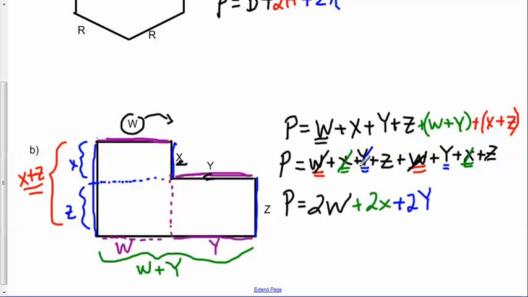So let's see, that was the Y's. So I'm going to cross those Y's off. And then the last thing we have are the Z's. I've got a Z here, and I've got a Z here. And so that is going to give me 2Z. And so that's the formula for the perimeter of this shape over here. We had some extra work to do on it, but we still managed to get where we needed to go.